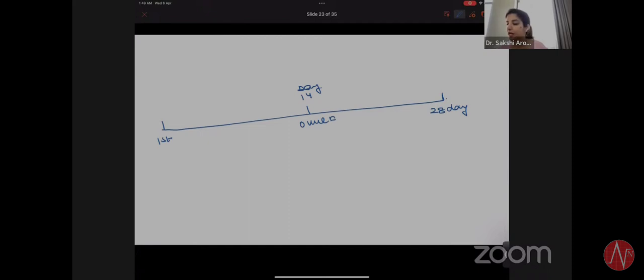Right? Now, in the first half of menstrual cycle, follicle था और follicle धीरे धीरे बड़ा हो रहा था and follicle was releasing hormone estrogen from the granulosa cells. Estrogen निकल रहा था, right? And estrogen क्या कर रहा था?